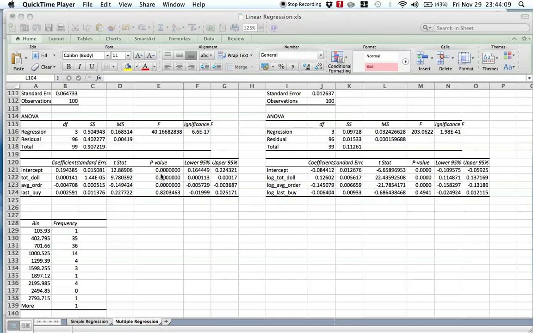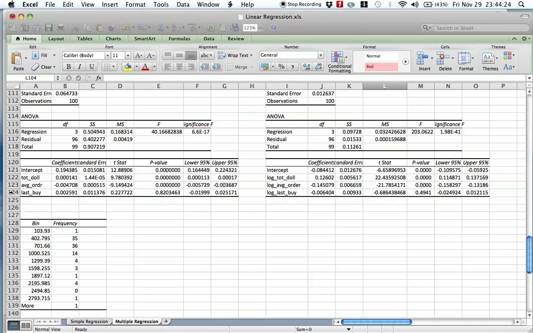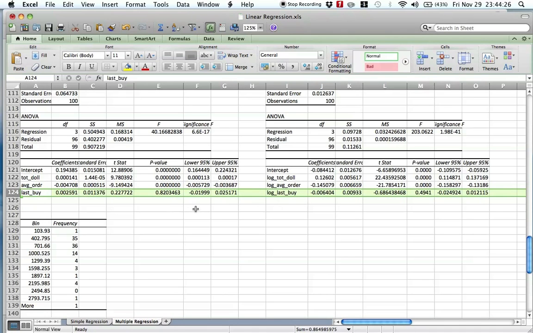If it's less than 0.05, it is considered significant, meaning stick with it. Whereas if it is greater than 0.05, it is insignificant. And so in the case of last buy, which kind of contradicts the whole RFM thing, but this is a made-up scenario, the last buy is considered insignificant because it has a p-value greater than 5%.